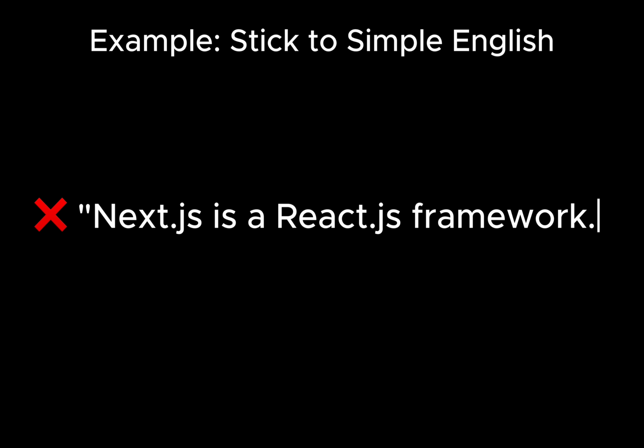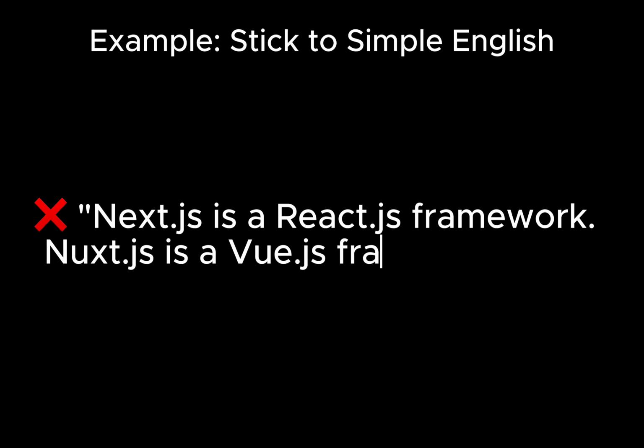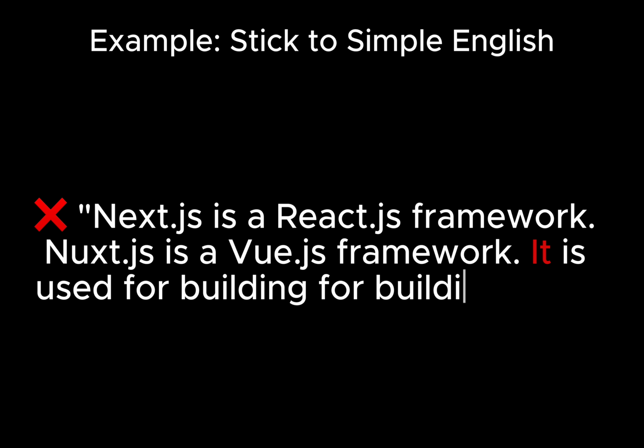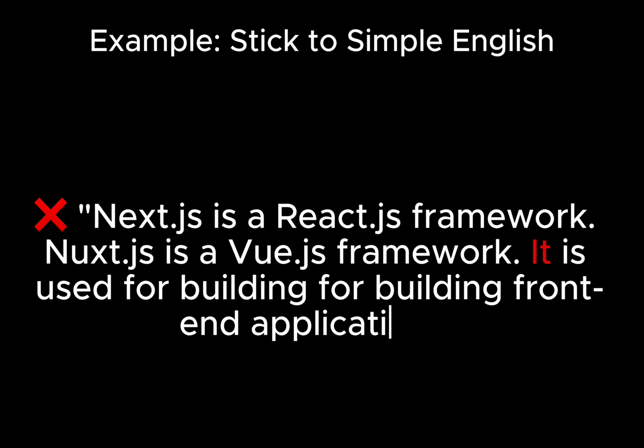Now, let's say we have something like this. Next.js is a React.js framework. Nuxt.js is a Vue.js framework. It is used for building front-end applications. Now, this is confusing. The it here is not clear. Is it referring to Nuxt.js or is it referring to Next.js?